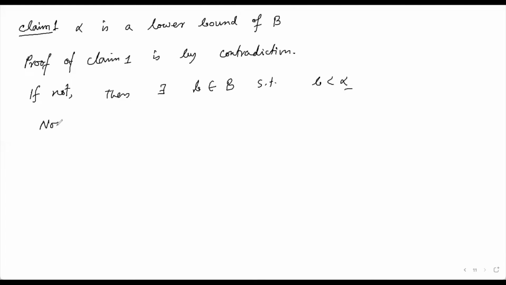Now what is alpha? Alpha is equal to the supremum of L. And if b is less than the supremum, then b cannot be an upper bound of L.